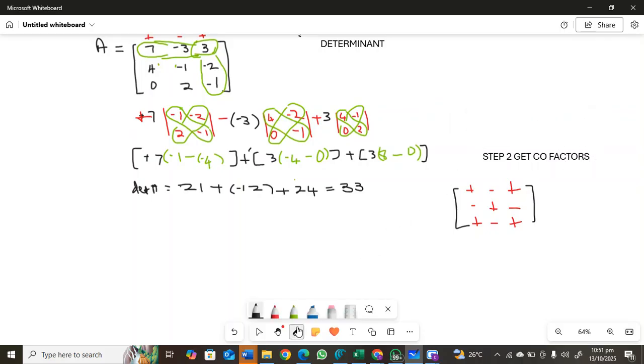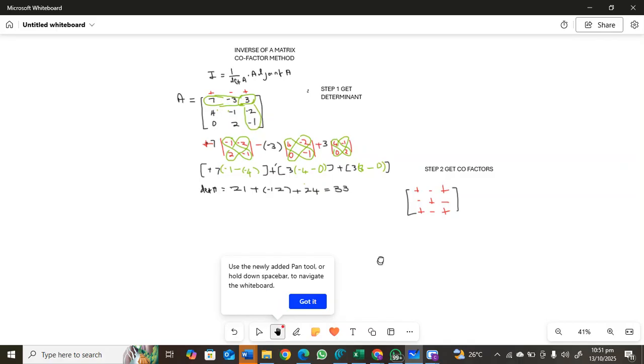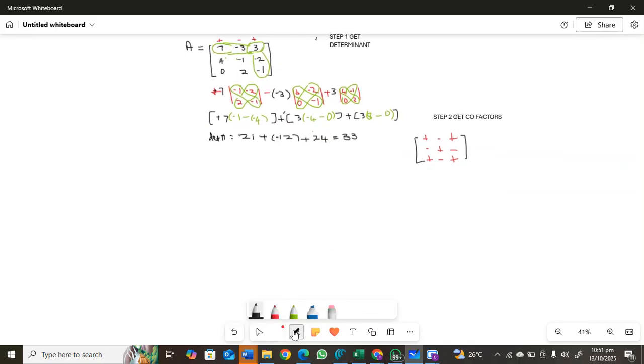Okay, so what you're going to do is this. The same process we started with when we're trying to get the determinant, we're going to redo that process again.